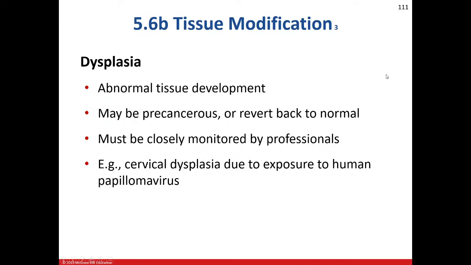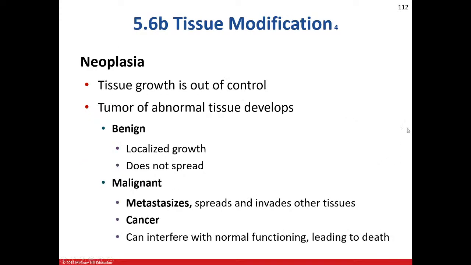Dysplasia is abnormal tissue development, so it could be precancerous or revert back to normal. It has to be closely monitored by professionals, so you can have cervical dysplasia due to exposure to human papillomavirus, or HPV. Neoplasia is tissue growth that is out of control.